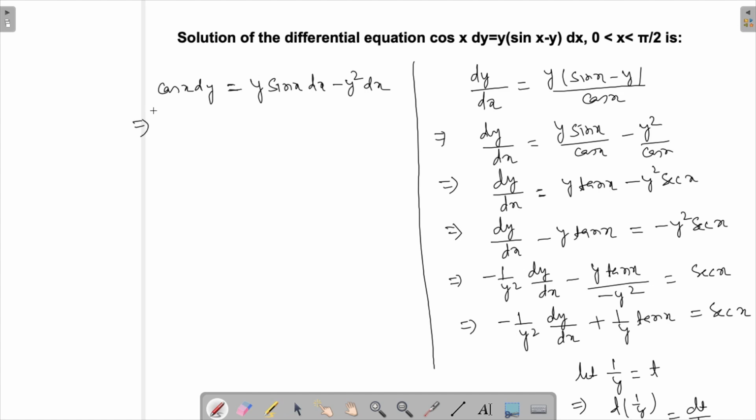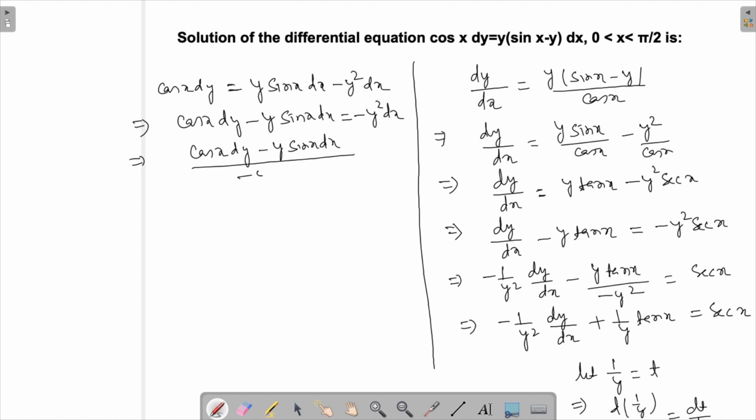What if I bring this to the other side, cos x dy, and then I'll bring in y sin x dx, and this will become minus y square dx. Now, if I divide this by minus y square, this side, cos x dy minus y sin x dx, and then divided by minus y square, this will become dx.